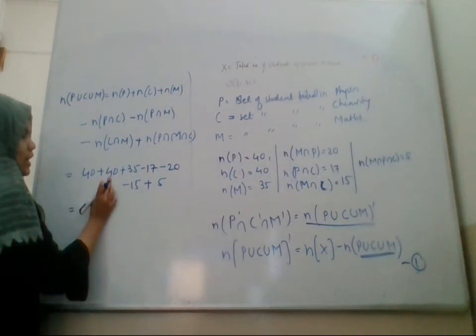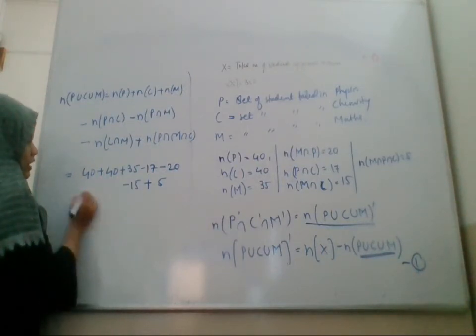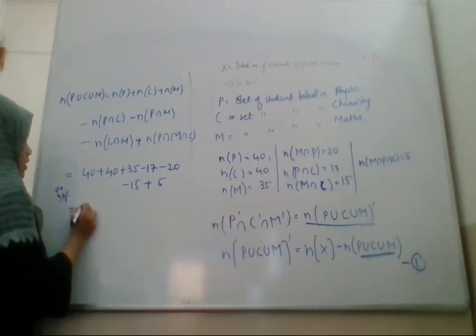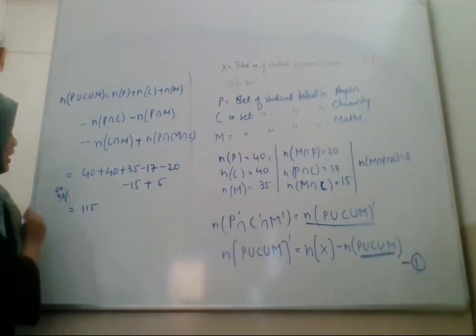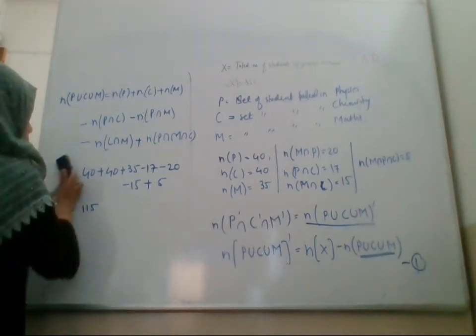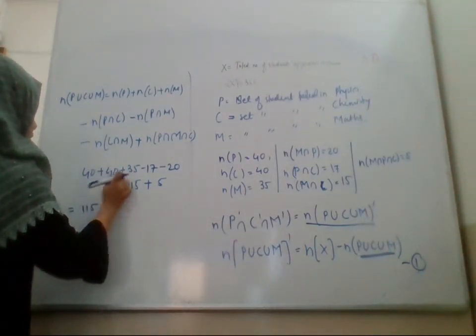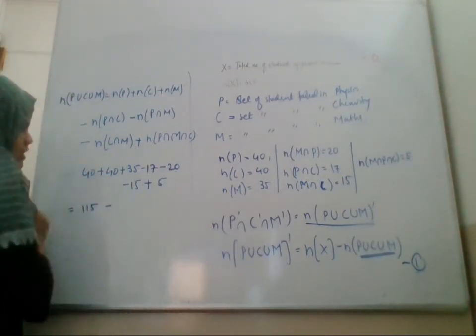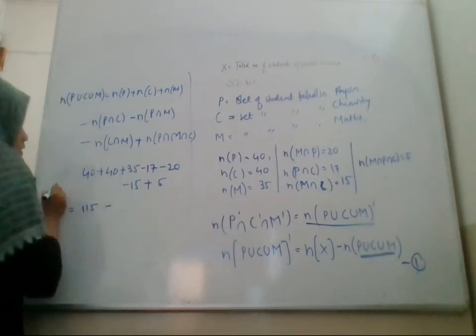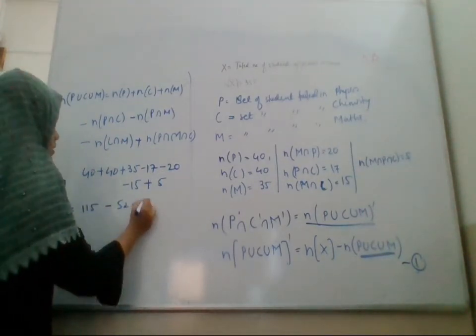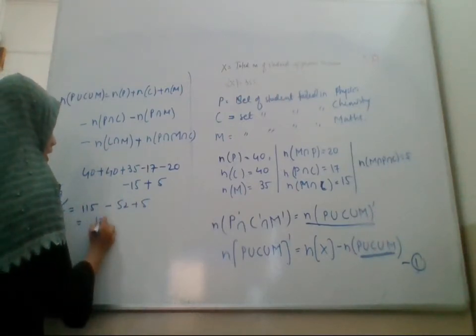So 40 plus 40 is 80. 80 plus 35 is 115. Plus 5 is 120.